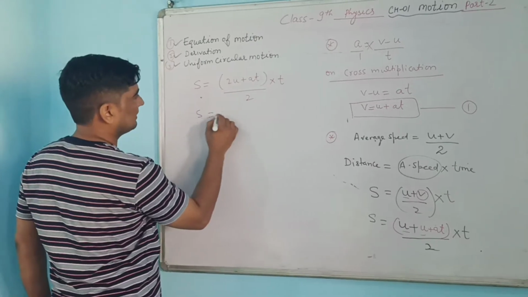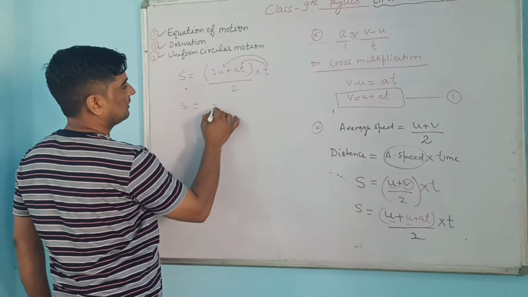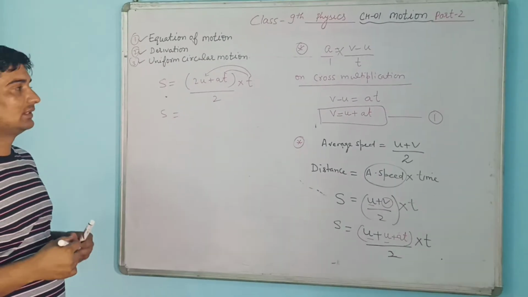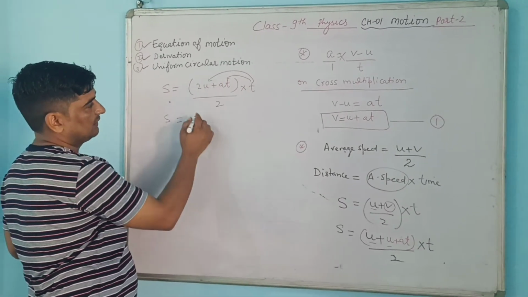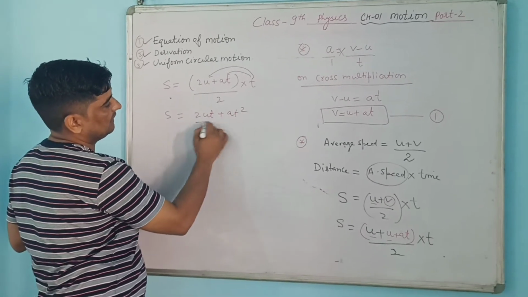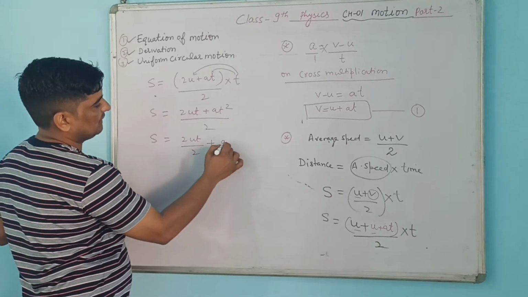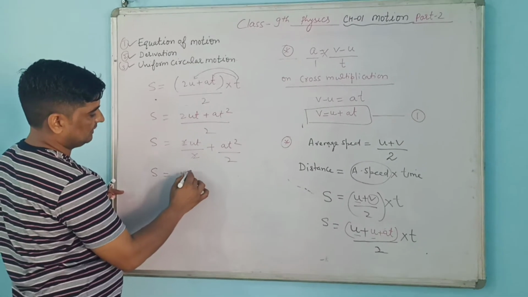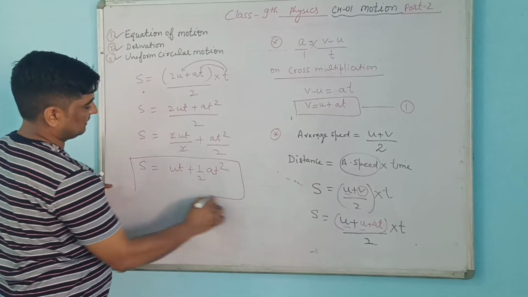If we multiply t with both terms, we get 2ut plus at square, divided by 2. Divide both terms by 2: 2ut by 2 plus at square by 2. The 2 and 2 cancel, so it will be ut plus half at square. So this is your second equation of motion.